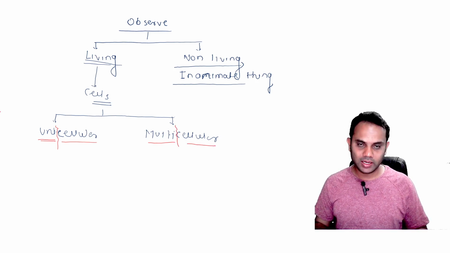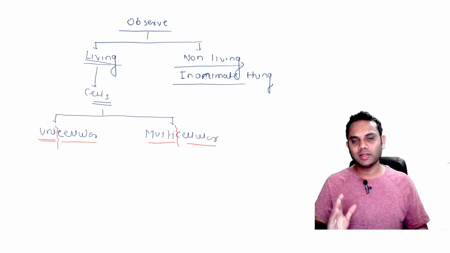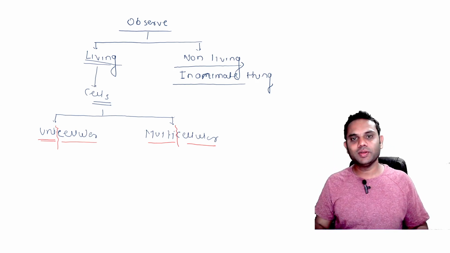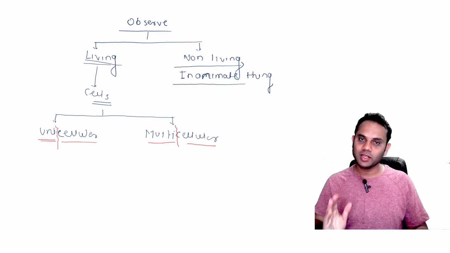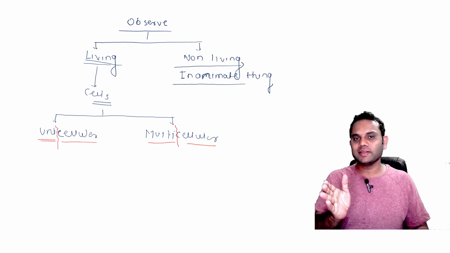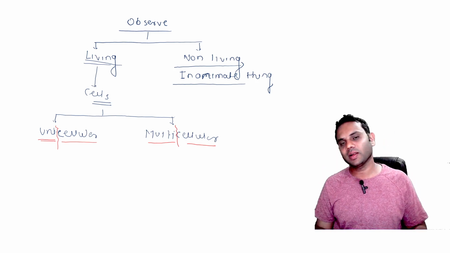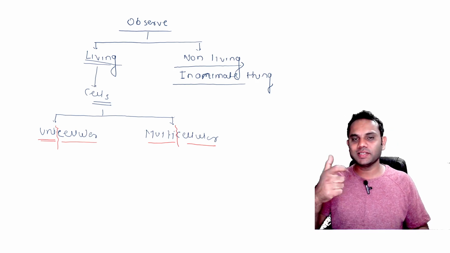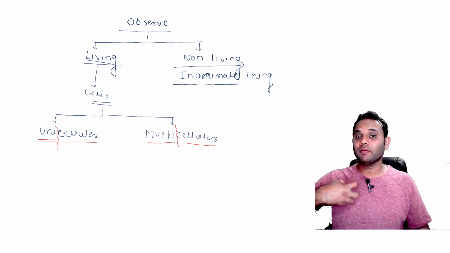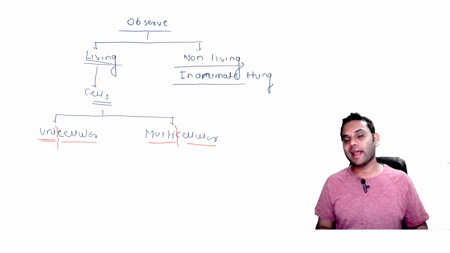These living organisms may be either unicellular organisms or multicellular organisms. On what basis are they distinguished? The basis is the number of cells that particular organism has.